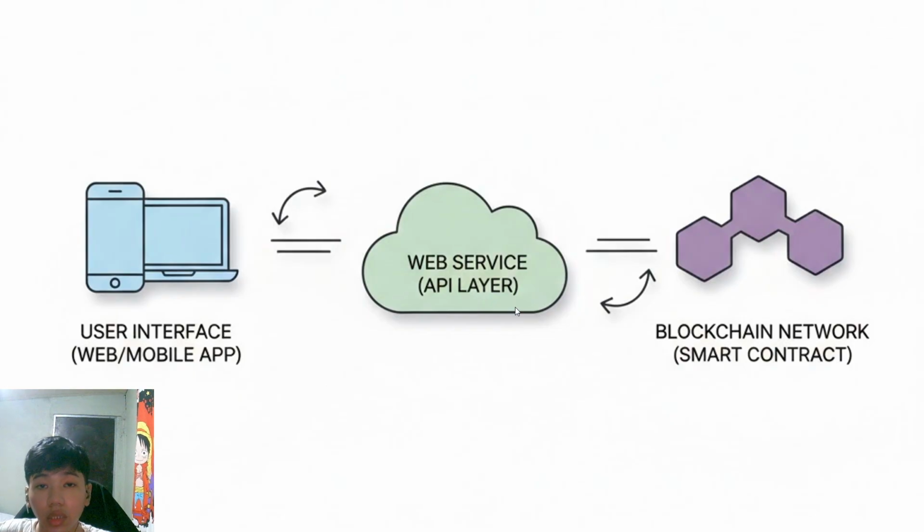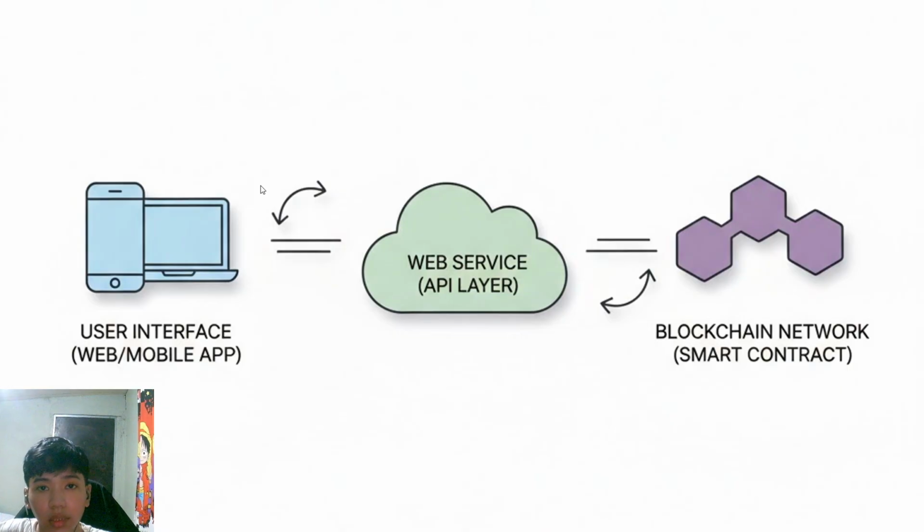So this is where the web services or API layer comes in. It sits between the application and the blockchain. It offers a simple, standard, and familiar HTTP request like GET or POST to the app developer. This is how the process goes.